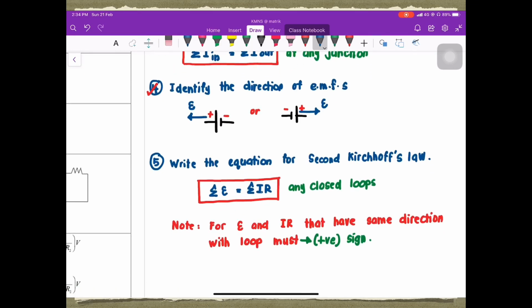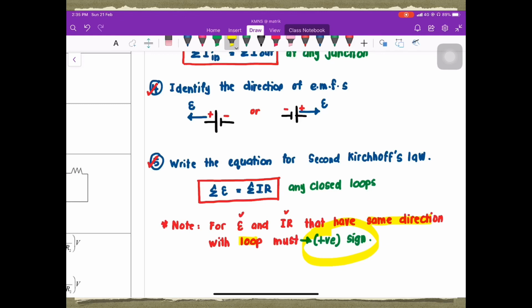Next, write the equation for the second Kirchhoff law. The sum of EMF equals the sum of the product of current and resistor. Notes: for EMF and product IR that have the same direction as the loop, the sign must be positive.